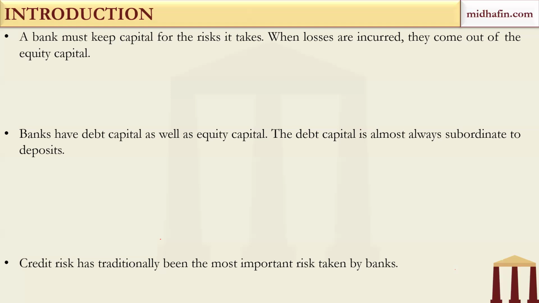Over the last 10, 15 years, particularly after 2002, operational risk has also been recognized very widely. In fact, nowadays the analysis tells us that the biggest source of losses from the bank's perspective is actually operational risk events. And next comes the credit risk event.